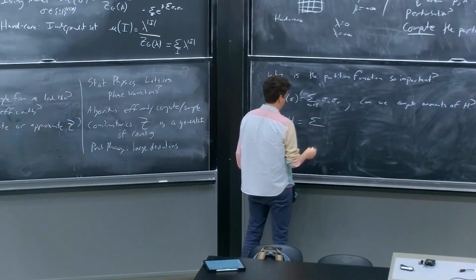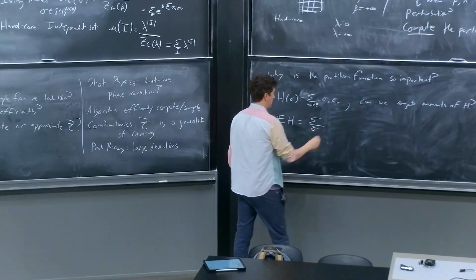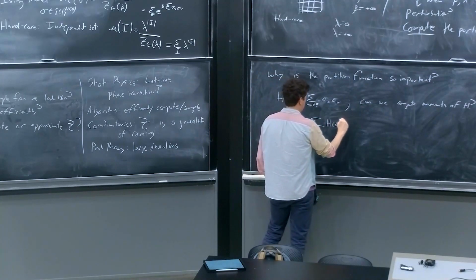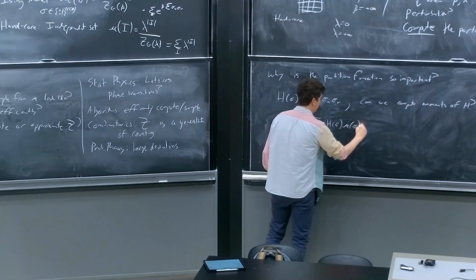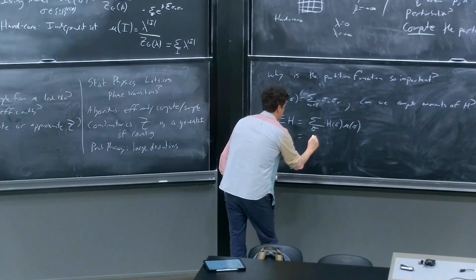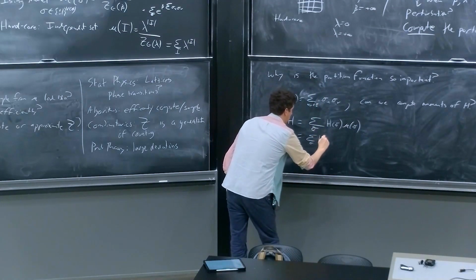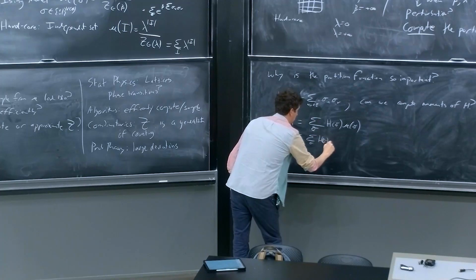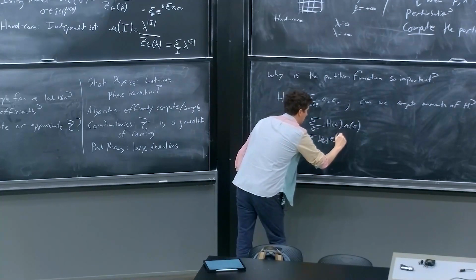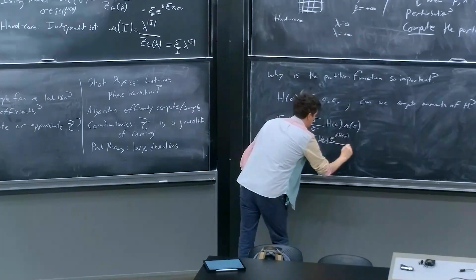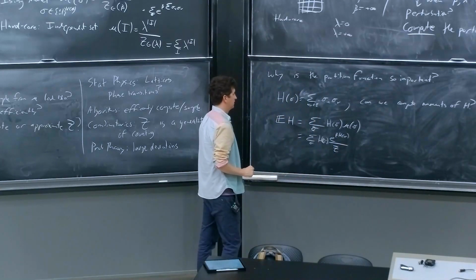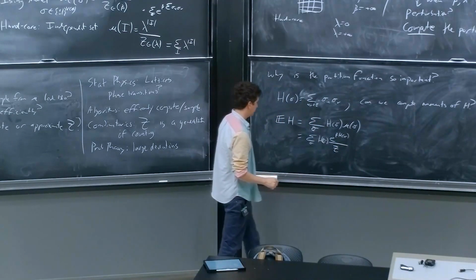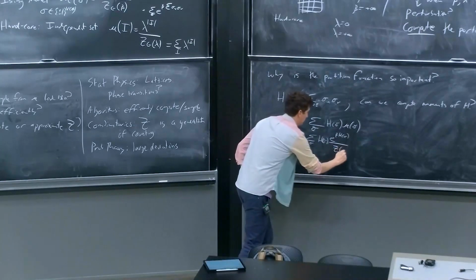Well, let's just write the definition: the sum over all sigma of H(sigma) mu(sigma). This is the sum over sigma of H(sigma) e^{beta H(sigma)} over Z(beta).